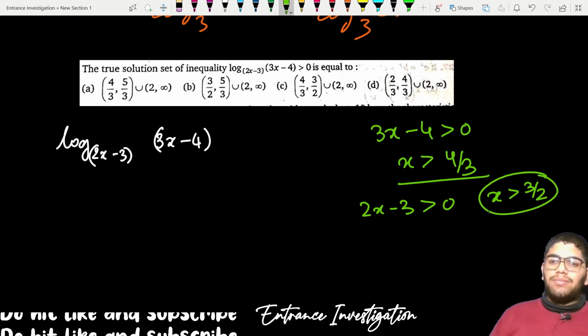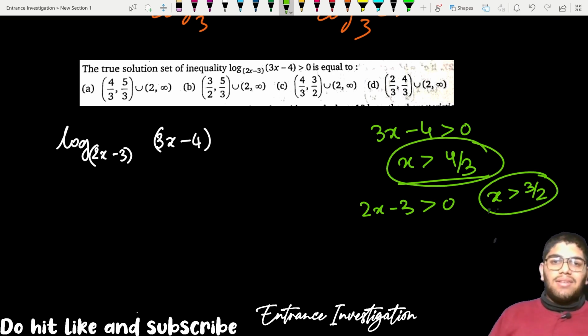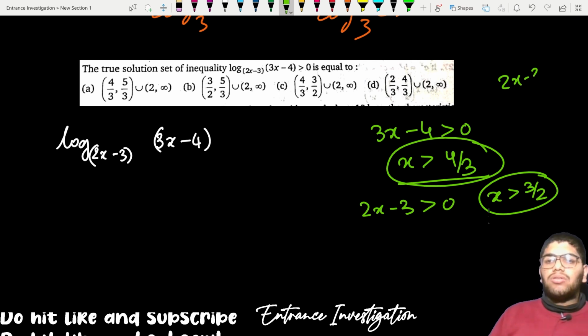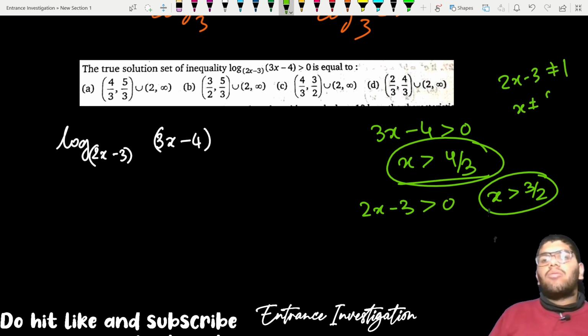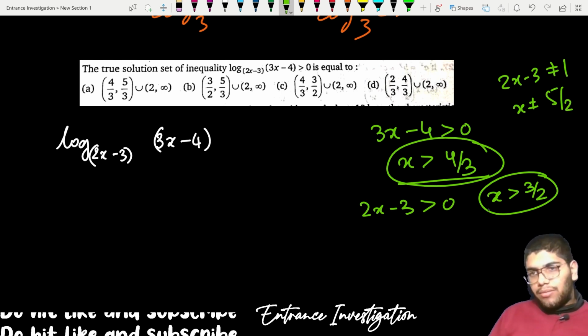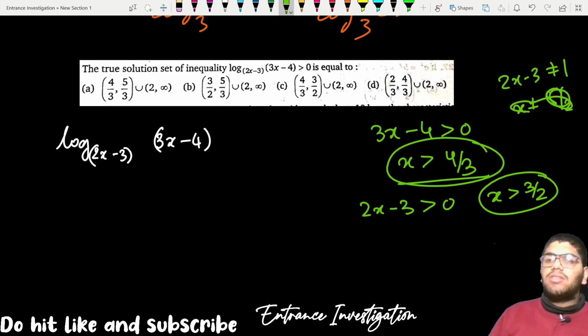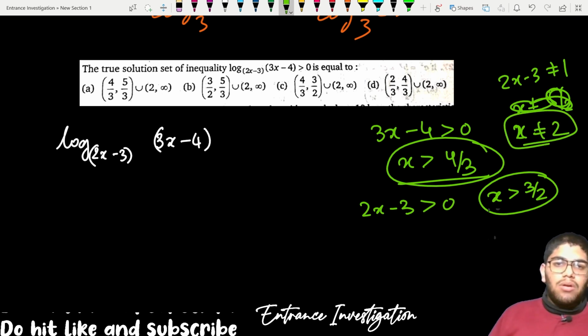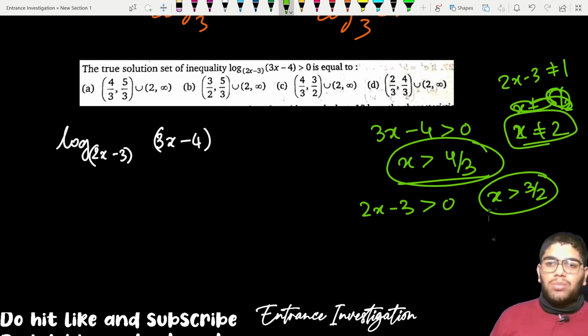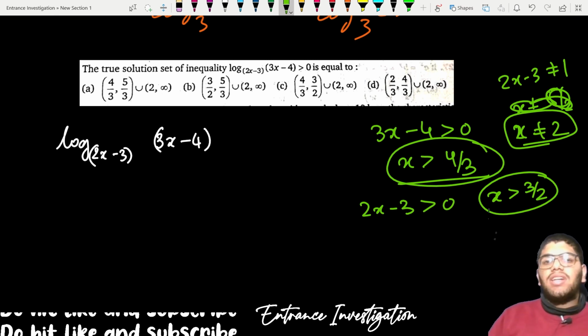Okay, so we have these things, and also our base can't be 1, so x is not equal to 2. Okay, so x has to be greater than 3/2, x has to be greater than 4/3.